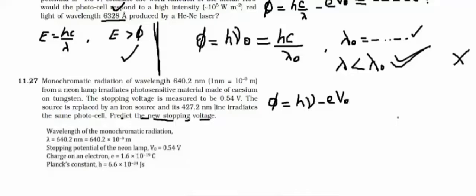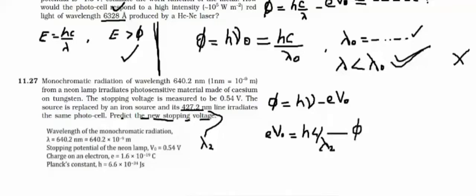Once you get the value of phi, then for the second wavelength lambda 2, you are asked to calculate the stopping voltage. So how can you calculate? Here again, use the same formula. We have e V naught is equal to hc by lambda 2 minus phi.